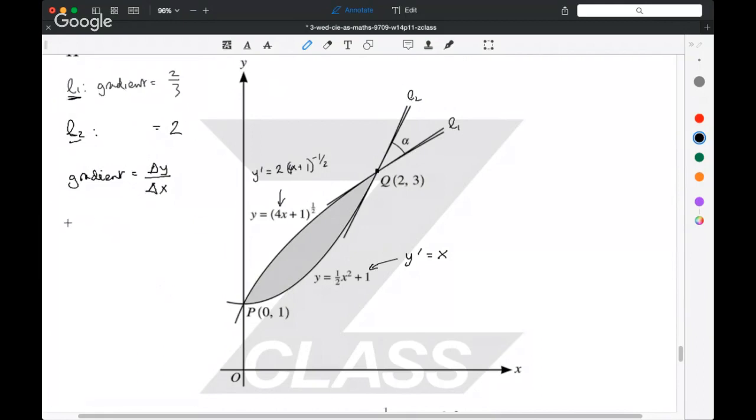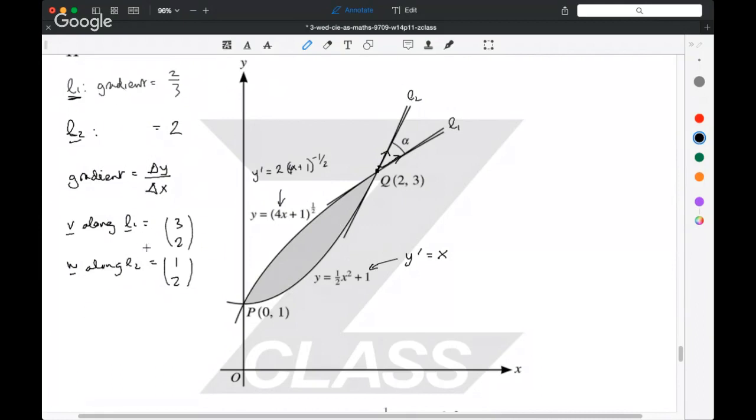So some vector v along L1 can be thought of as, so this is change in y over change in x, so that would work, right? Here y is changing by 2 while x is changing by 3. This vector, if I stuck it at Q, would point along L1. And there should be some other one which is along L2, which is 1, 2.